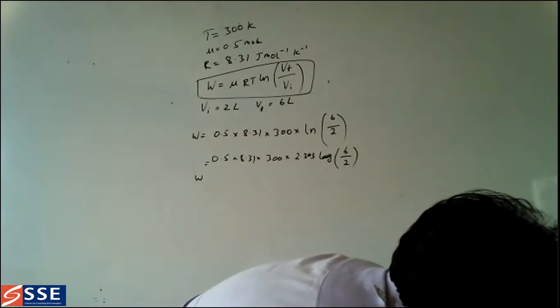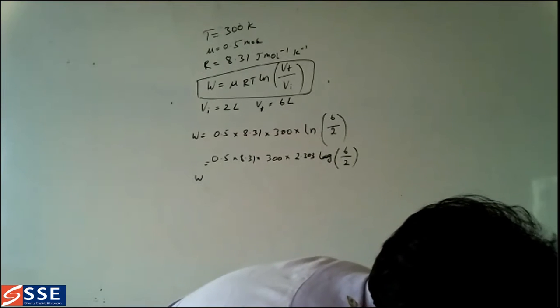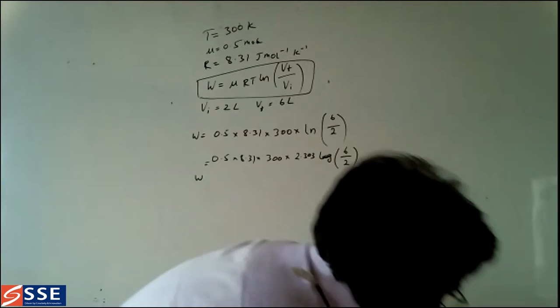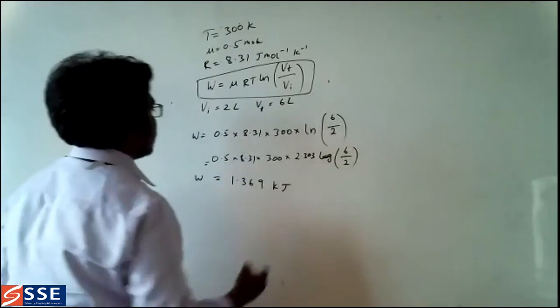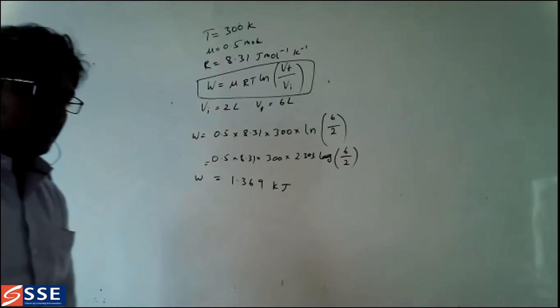So work done, W is equal to how much? 1.369 kilojoules.